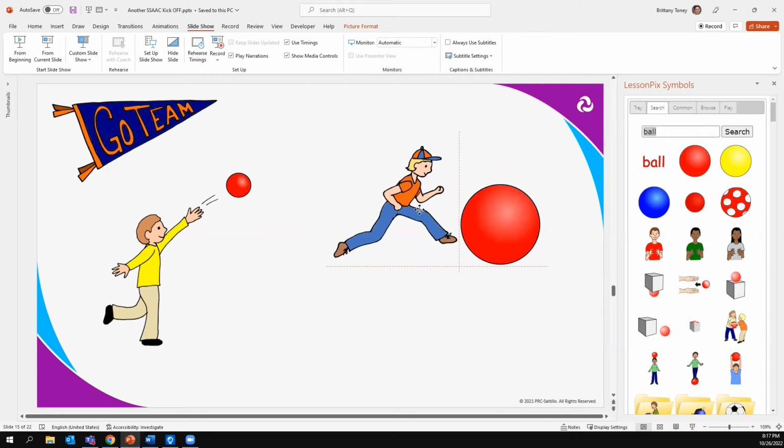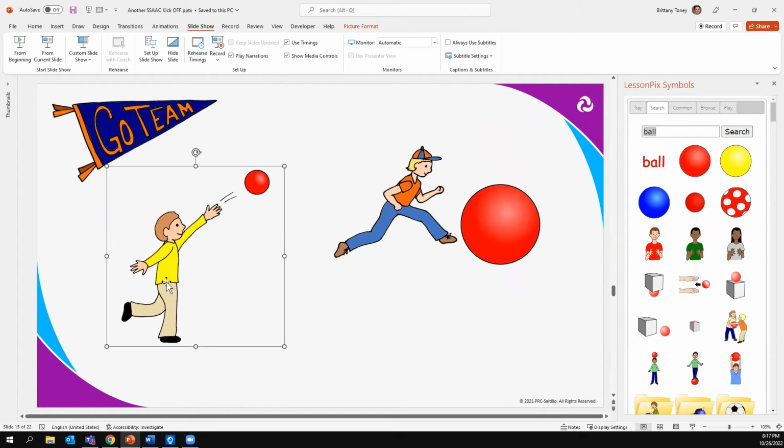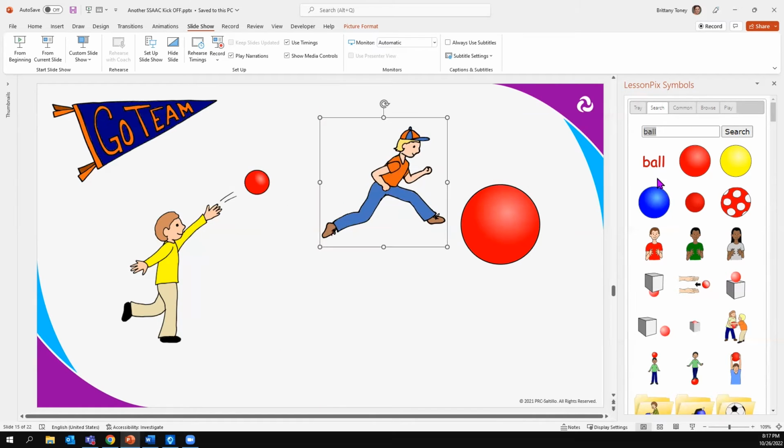This is where that activity comes in for you and your AAC user. I could say things like, what is the boy doing? He is throwing the ball. Or we could say, this boy is so fast. Look at him kicking the ball, right?